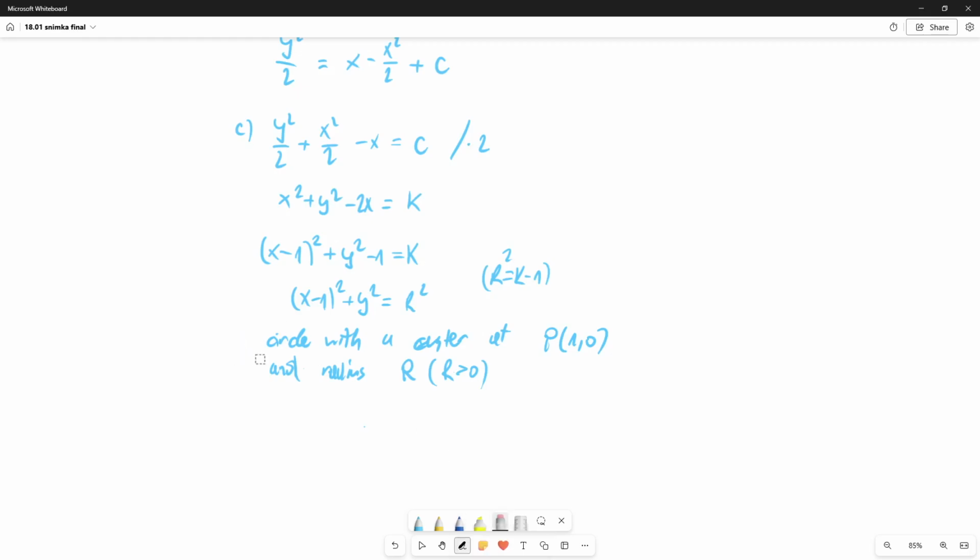Actually, it's not just a single circle, but concentric circles with a center at P (1, 0) and radius r, which is any real number greater than 0.